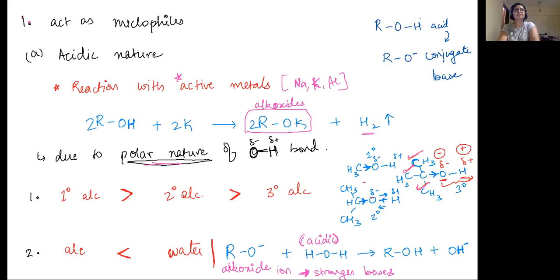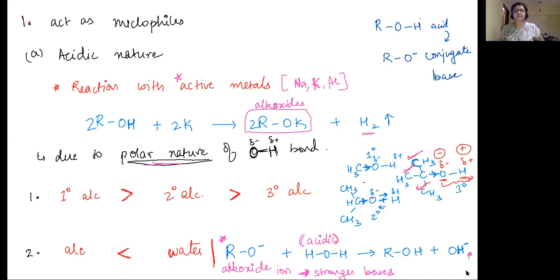Because if you consider NaOH, it is one of the strongest bases out there because it can ionize easily to form Na plus and OH minus. But in the case of alkoxides, we'll have to see the rate of this particular reaction as compared to dissociation of NaOH or KOH. So I'll check that later, I'll let you know.